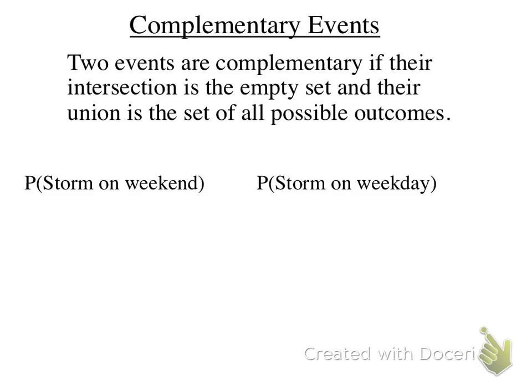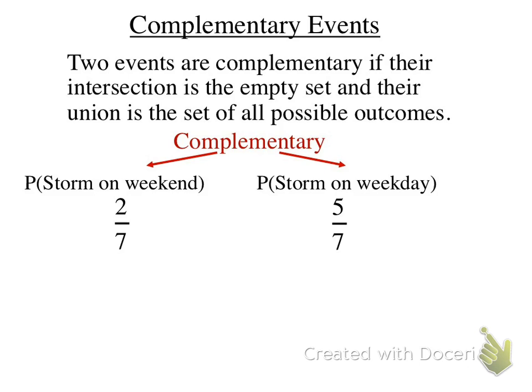If I take the storm on a weekend, how many possible days are there in a week? 7. So this would be 2 out of 7. But the possibility of a storm on a weekday would be 5 out of 7. And when I add them together, look what I get. The possibility of a storm any day of the week equals 1. Complementary events always add up to 1.